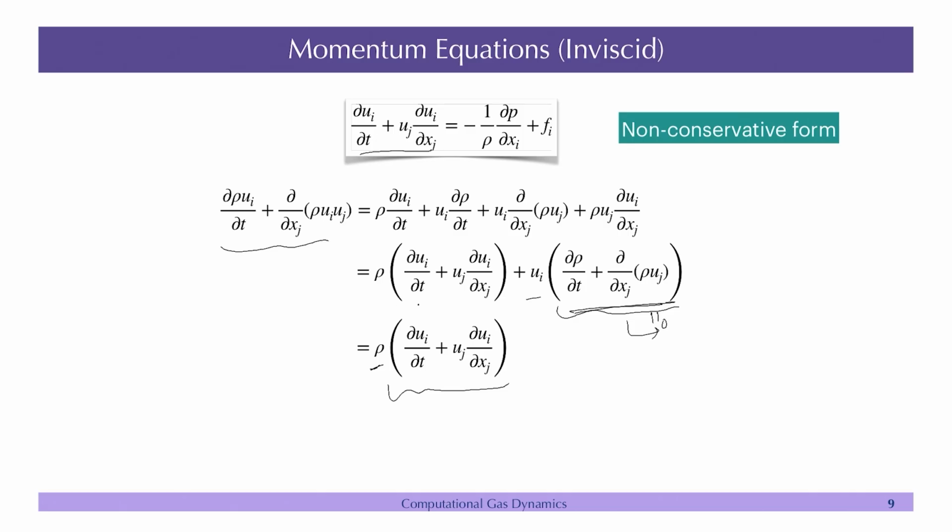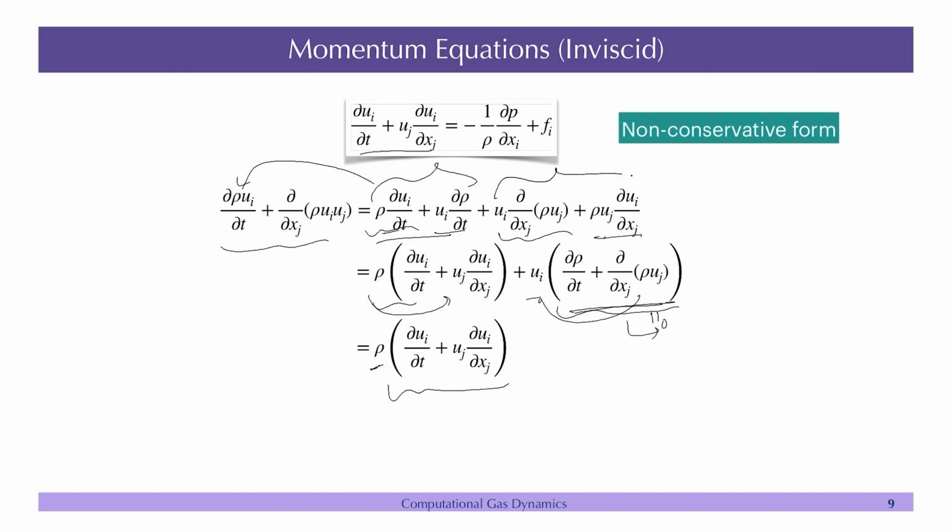So, this becomes rho du by dt, and then you have this rho uj, which comes here, and then ui del rho by dt, and this term comes here. When you collect these two, you get this term, because del rho ui by dt is rho del ui by dt plus ui del rho by dt.